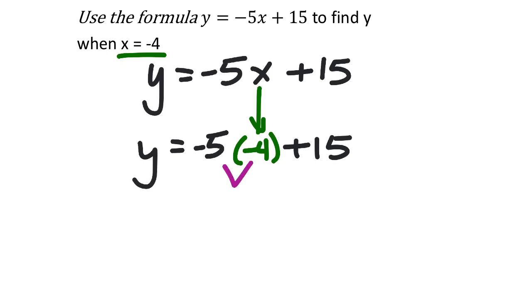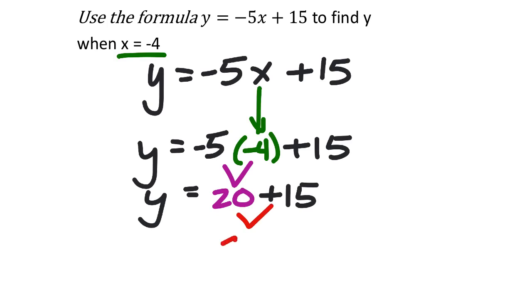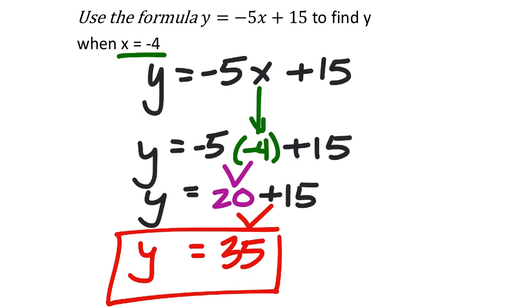I'll just do it by hand because there's nothing too extreme on this. Negative 5 times negative 4 should give us positive 20. And then we'll add 15 to that, which will tell us what y is. And then 20 plus 15, bam, 35. So y equals 35 on this one. And that would be our answer on this one.